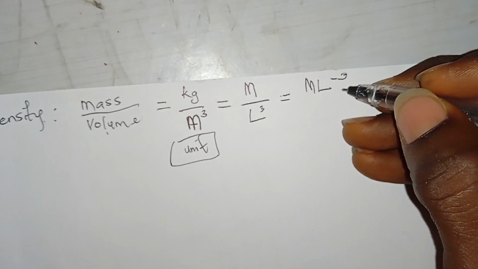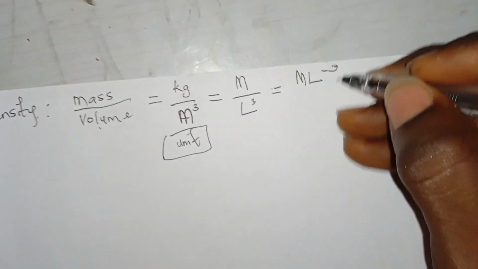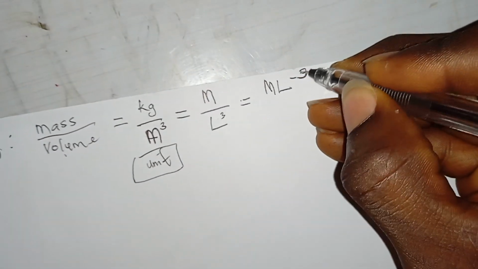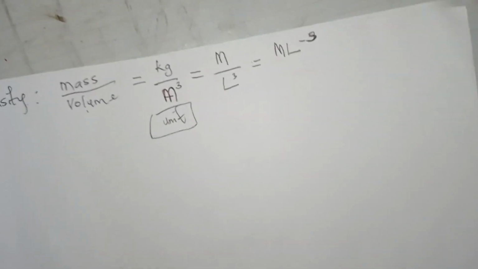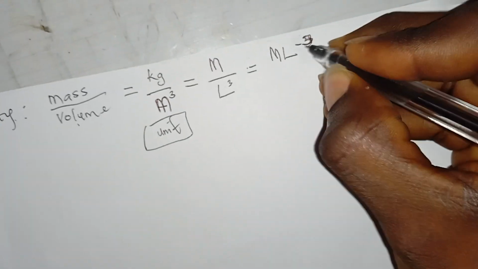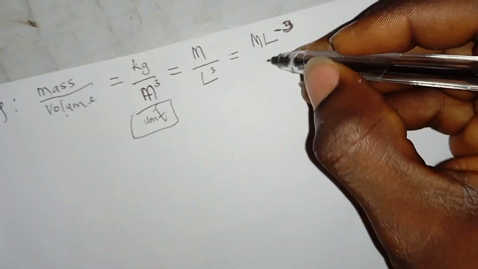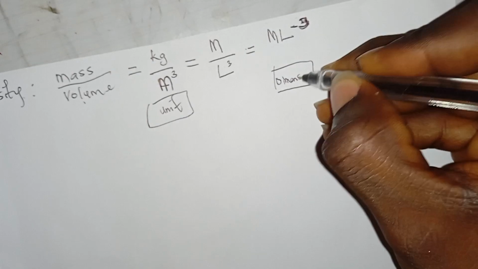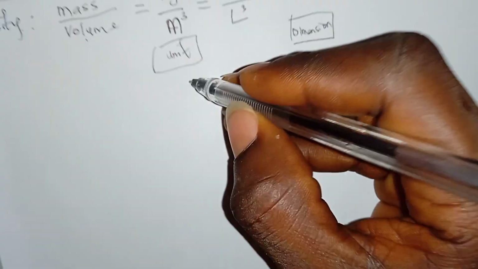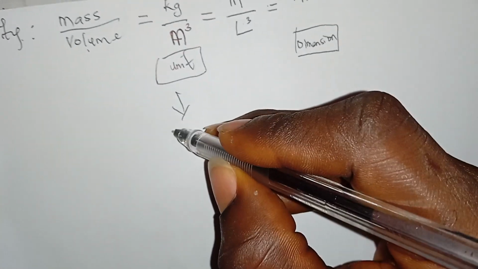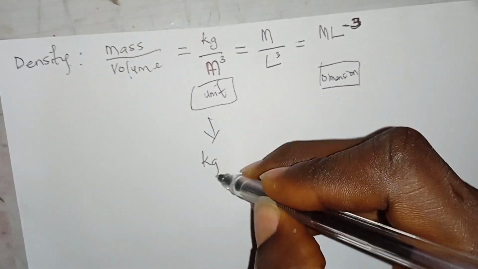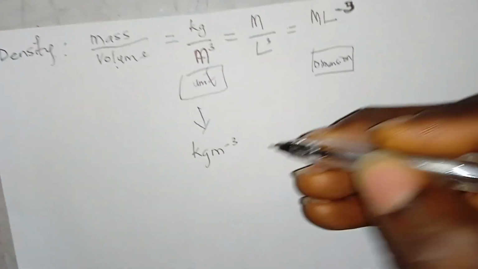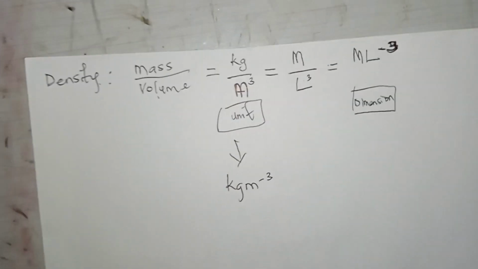So it's ML raised to power minus 3. And since we know that this is the dimension, it simply means that this can as well be written as kg m^-3, the unit for density.